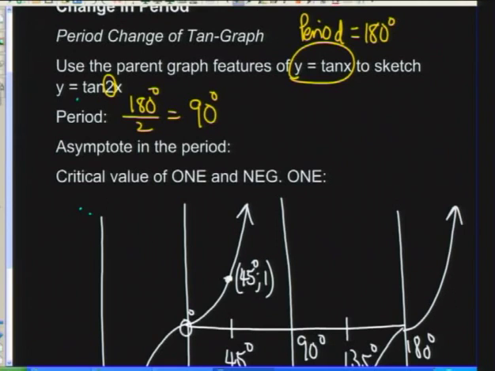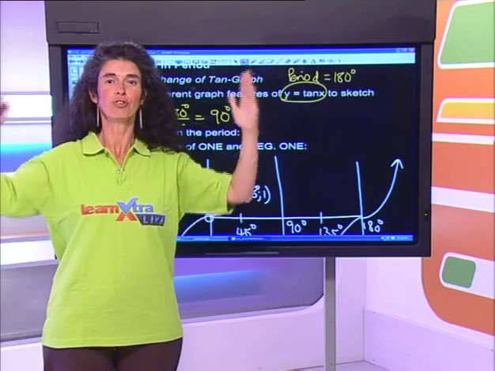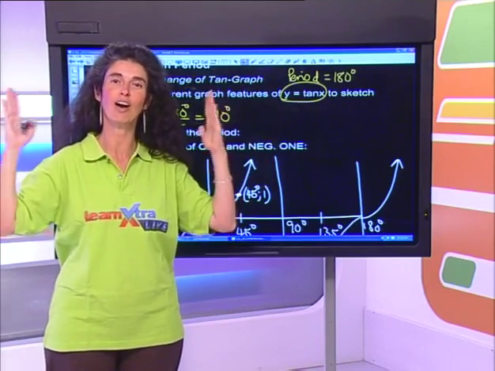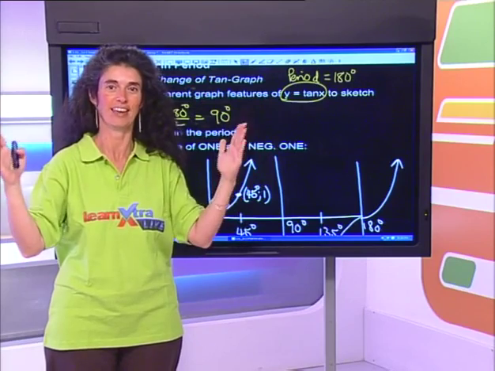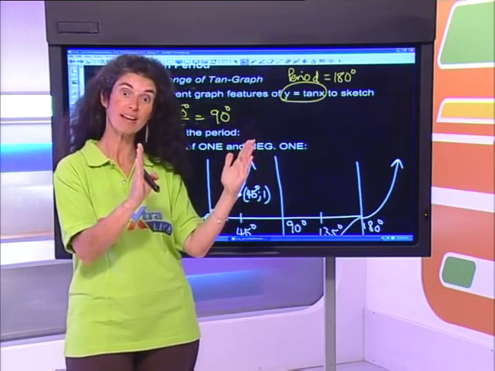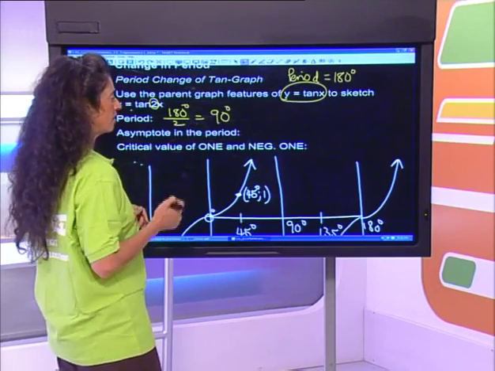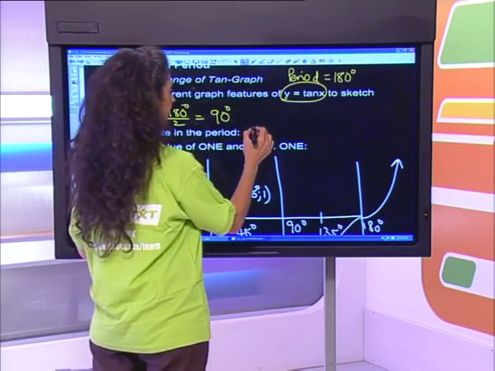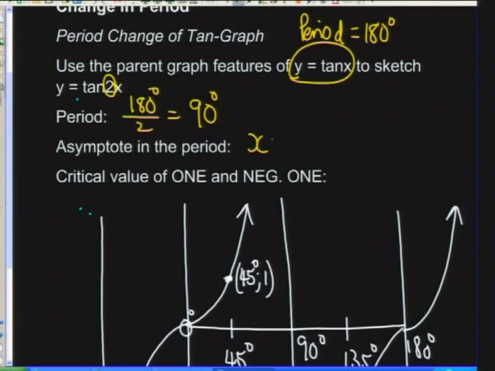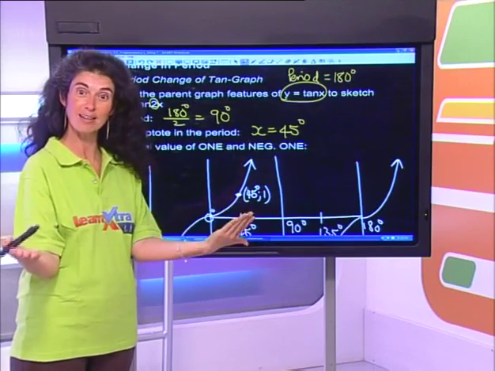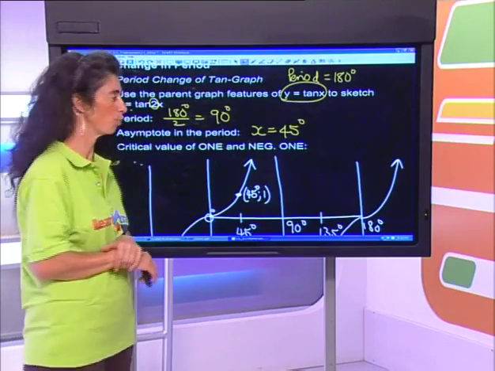So from 0 to 90, I have to get a whole cycle in there. Halfway would be my asymptote. So the asymptote in the 90 degrees is going to be at x equals 45 degrees. And what are we going to find halfway between 0 and the asymptote? We're going to find the special point 1.